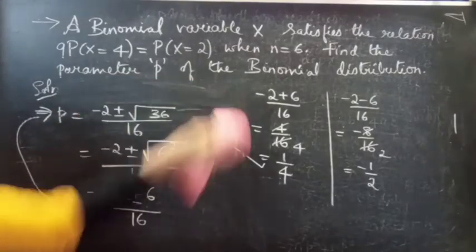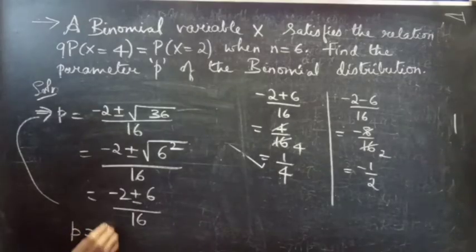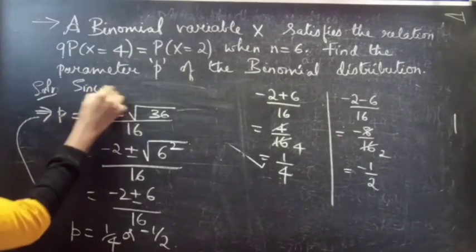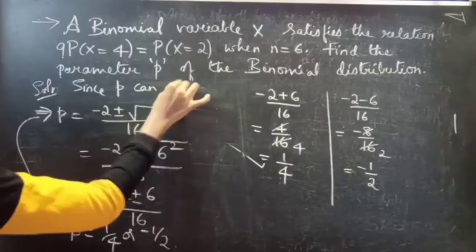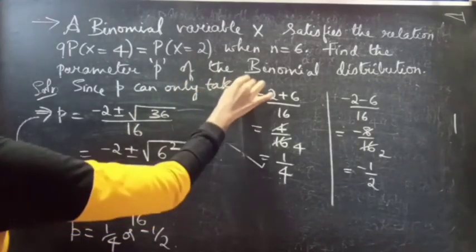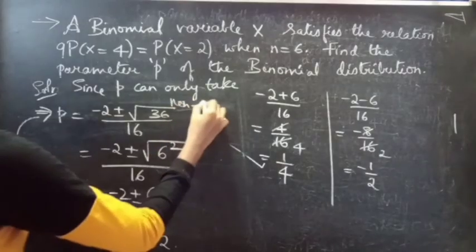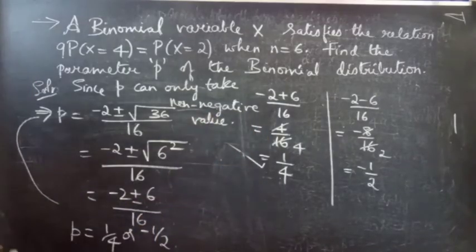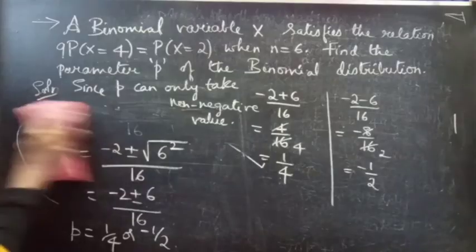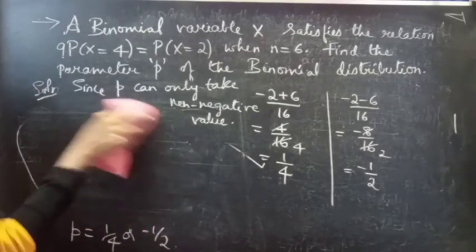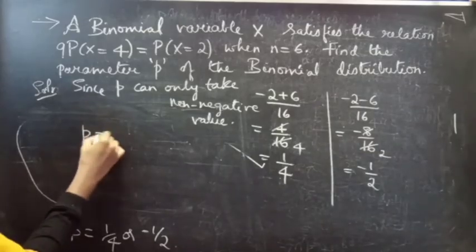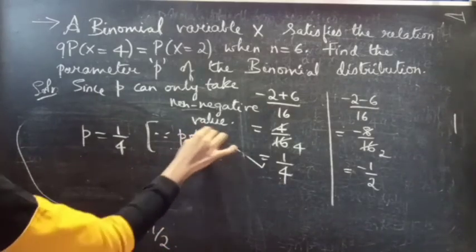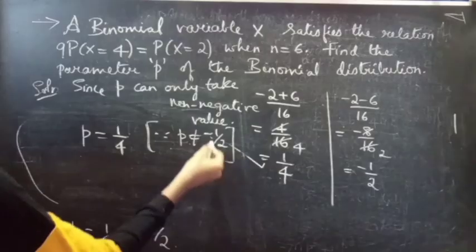Therefore, p equals 1 by 4 or minus 1 by 2, but p can take only non-negative values. So p equals 1 by 4, since p is not equal to minus 1 by 2.